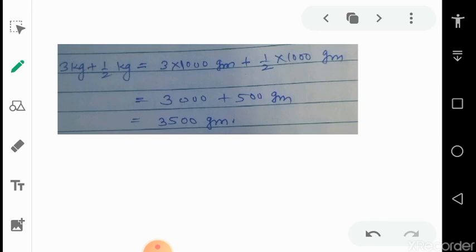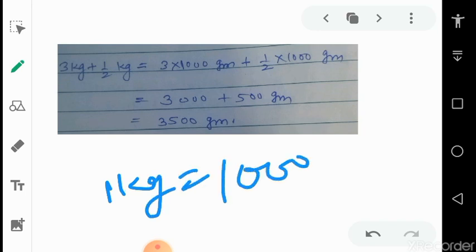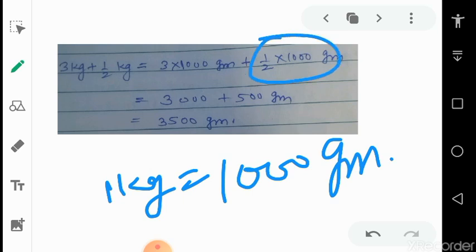Next, this is the conversion of kilogram into gram. As you know that 1 kg equals 1000 gram. This concept is used here. So there is 3.5 kg. Now 3 kg is multiplied by 1000 and half kg also, as here.